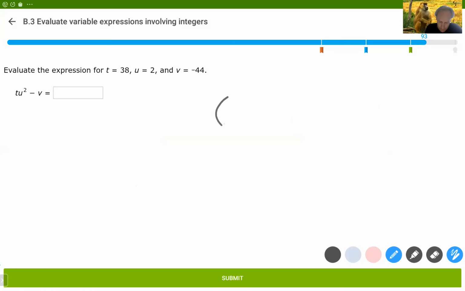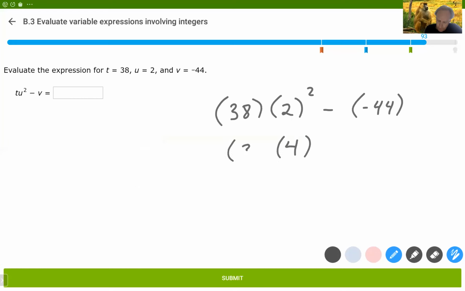T is 38. U is 2. And minus V. Notice that I have a double negative going on here. You have to square first, which is 4 times the 38. And that's 120 plus 32. I can write the plus 44 if I want to, because they're separated by addition anyway.